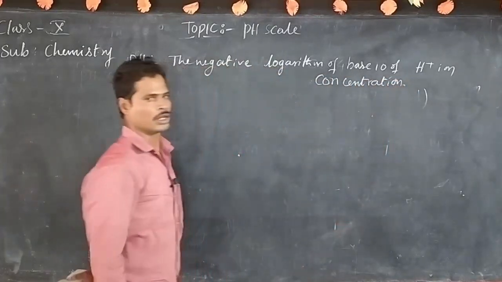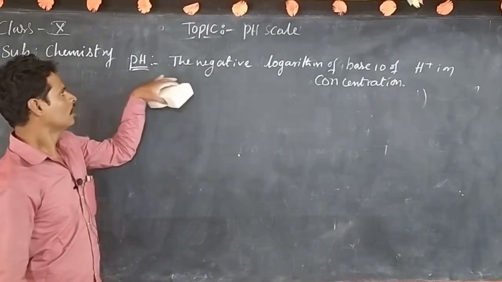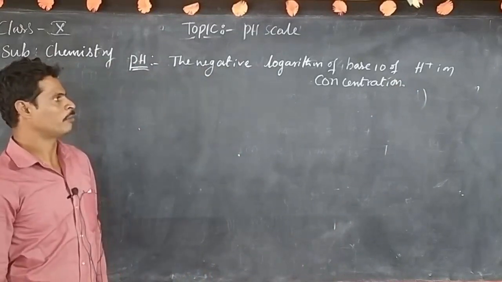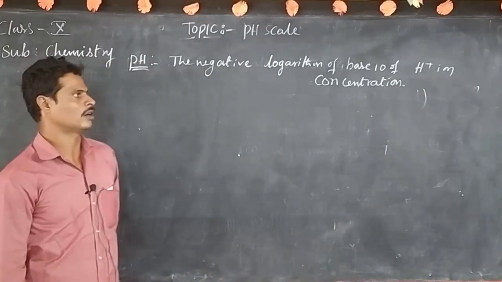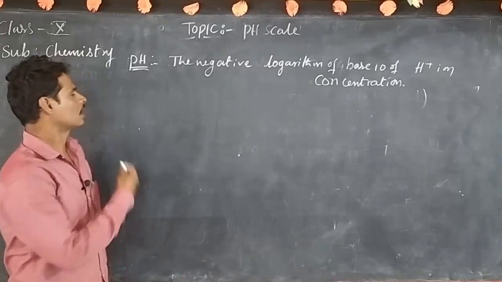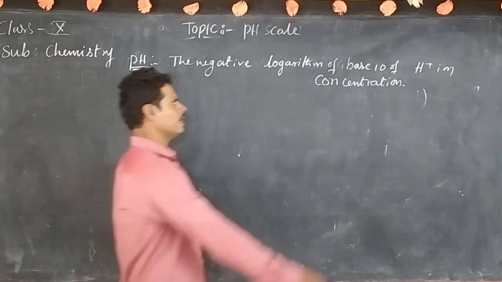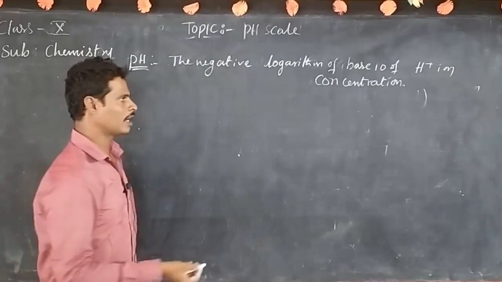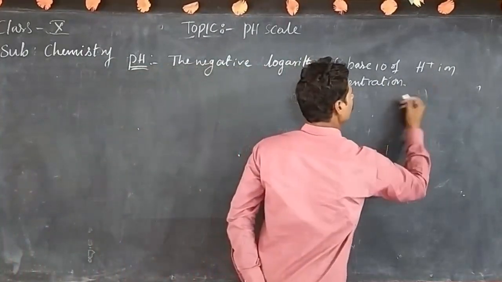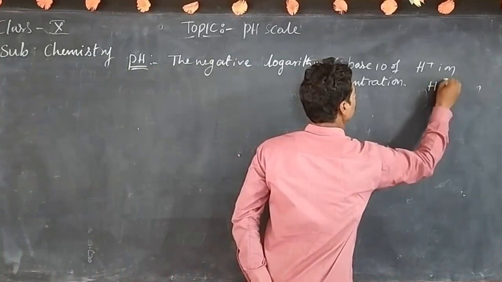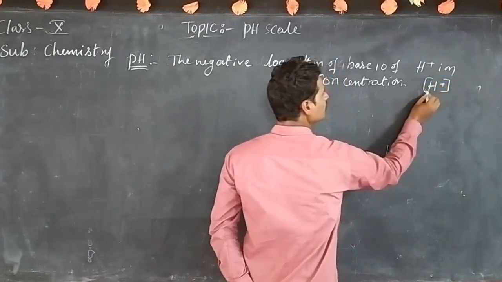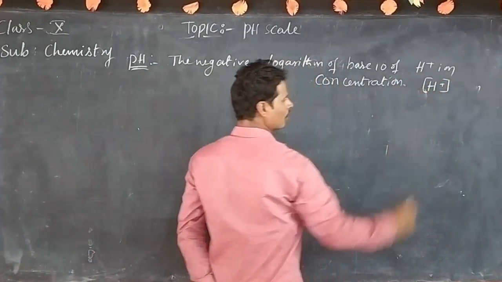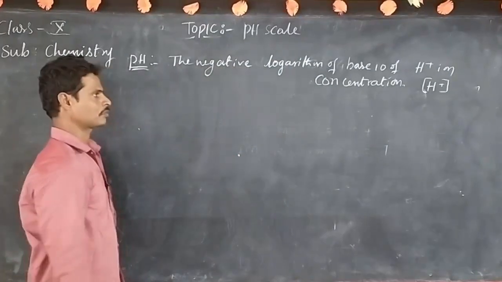It is an important topic. So again I repeat, the negative logarithm of base 10 of the H plus ion concentration is called pH. The H plus ion concentration is simply indicated by H plus in a closed bracket.